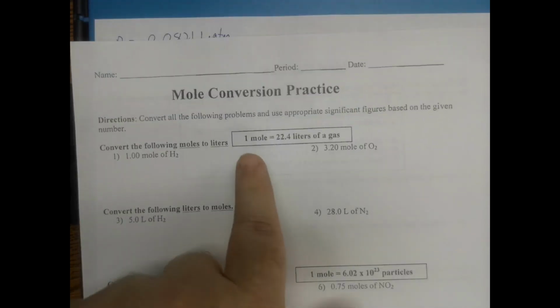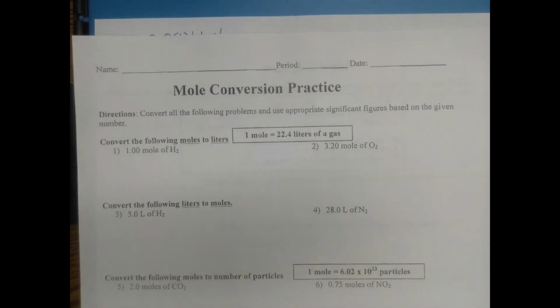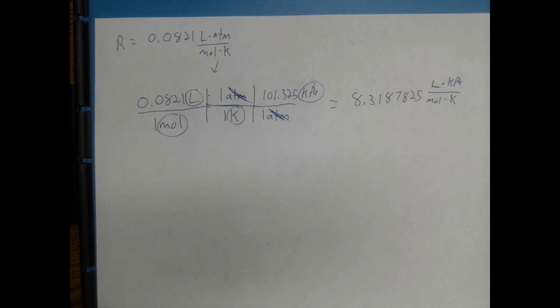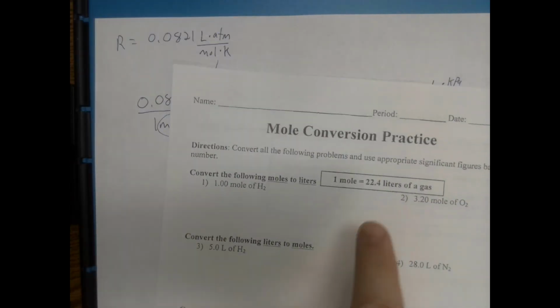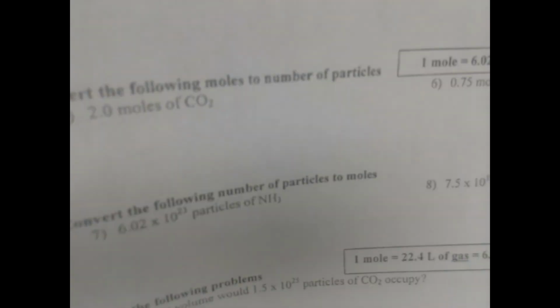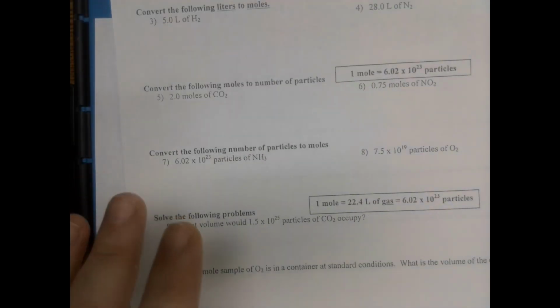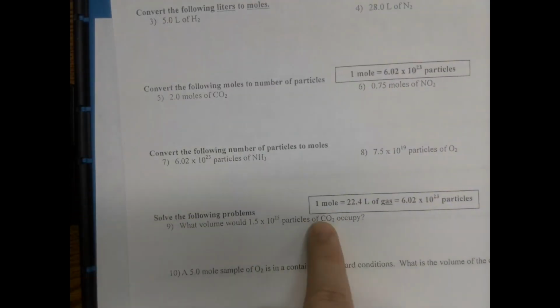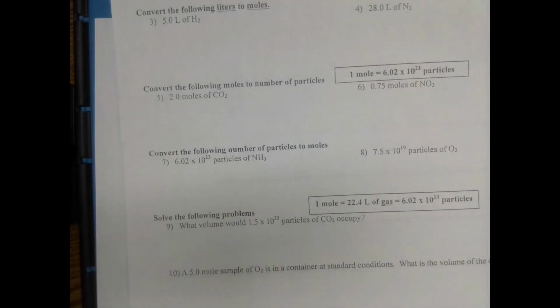And it basically tells you here, assume 1 mole is 22.4 liters. So you start with moles, and here's your conversion factor. This entire paper right here is pure dimensional analysis. This is your conversion factors. You just plug in your conversion factors, converting moles into whatever.